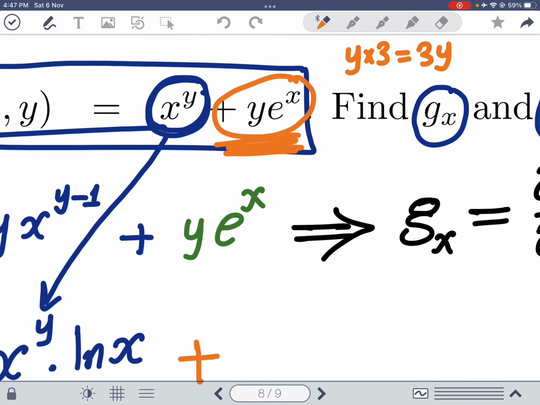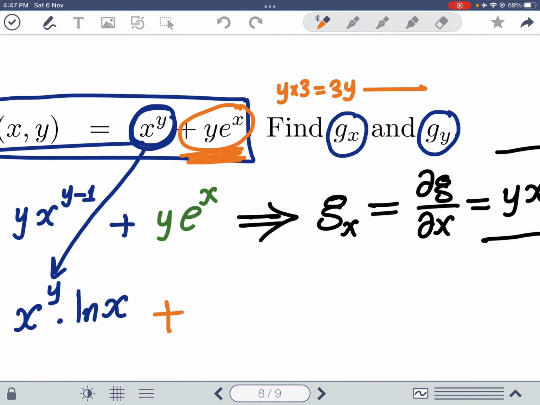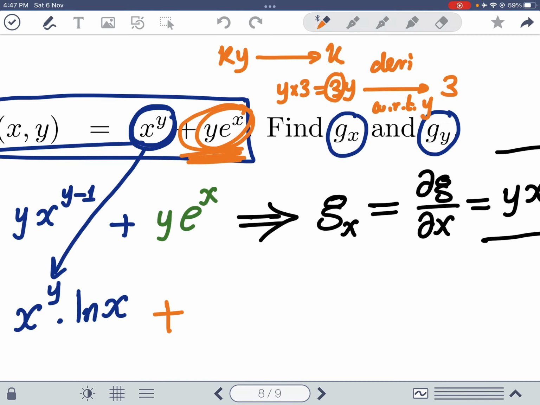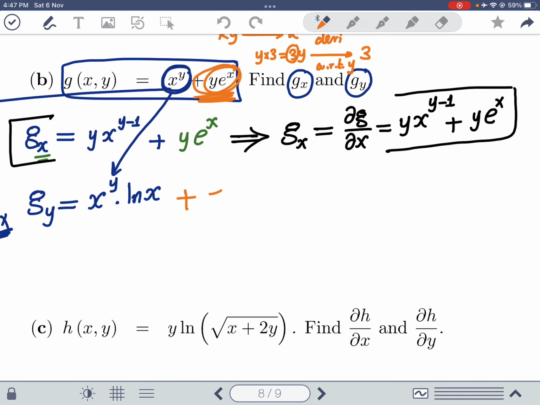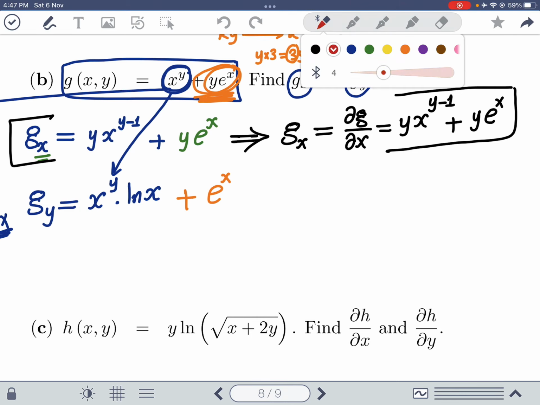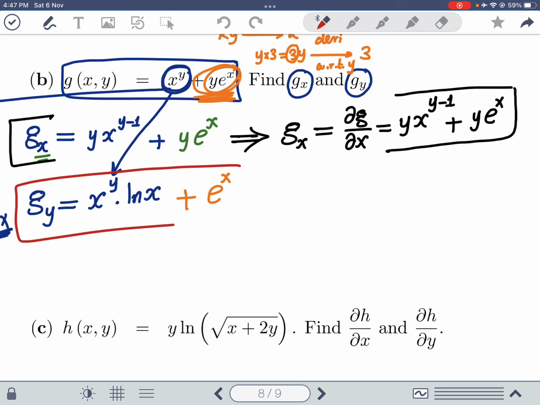And if I ask you to find the derivative of 3y with respect to y itself, you'll just give me the constant, 3. If it was ky, the derivative is k. So if it's e to the x times y, the derivative is just e to the x. It's just the constant that's multiplied by y. And so that will be it.